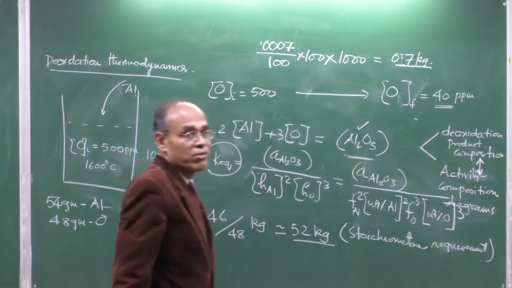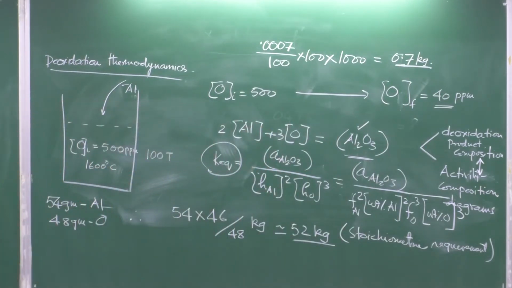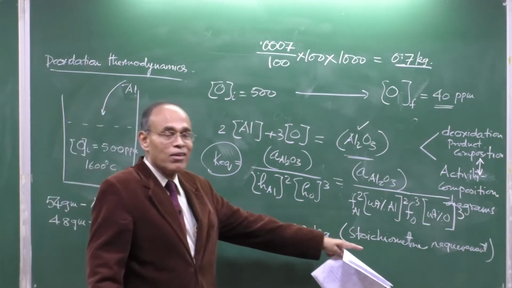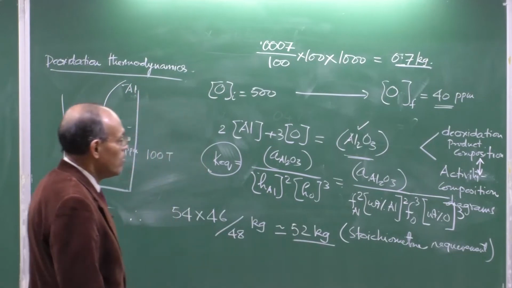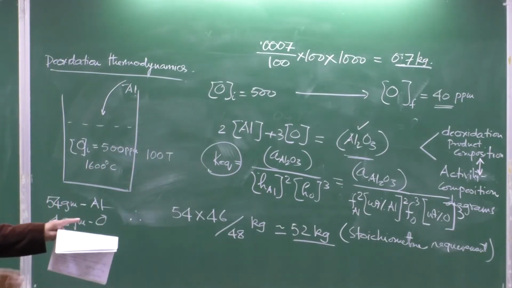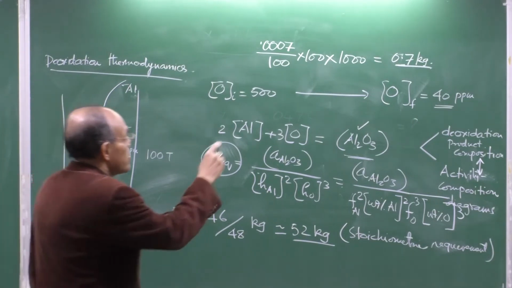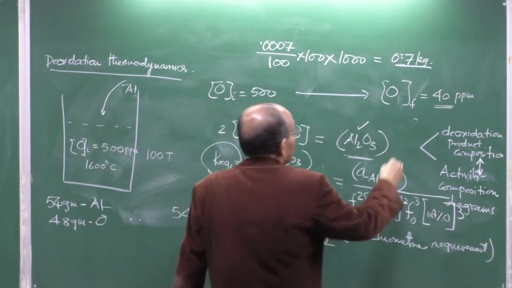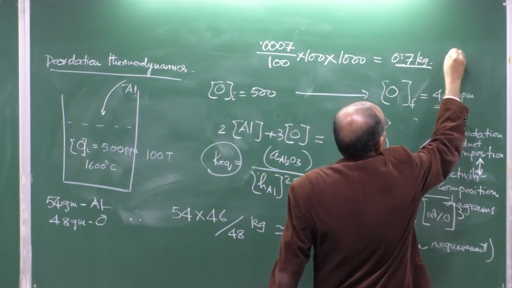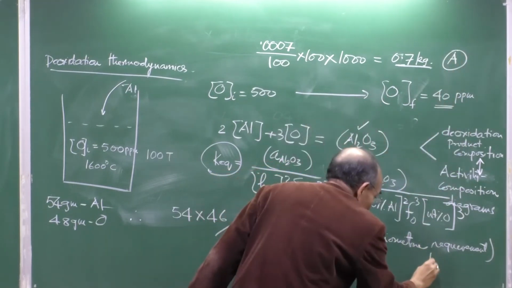So, most of the aluminum that I have added is sitting in the deoxidation product, and it essentially forms the major stoichiometric component of the system. In this case, this is A, the thermodynamic requirement, and this is B, the stoichiometric requirement.